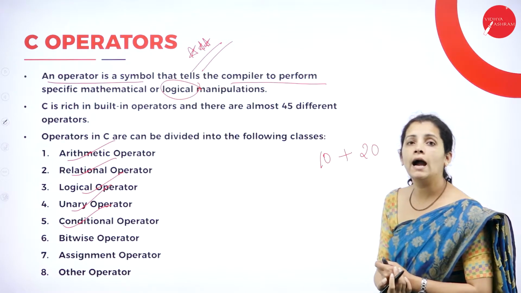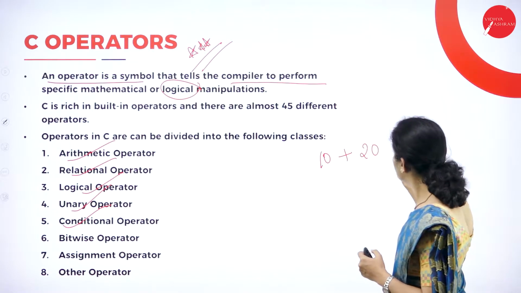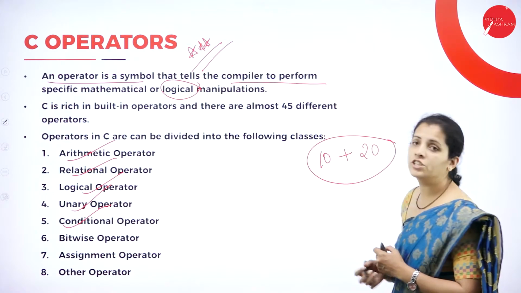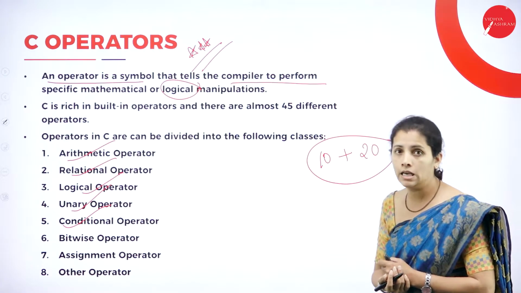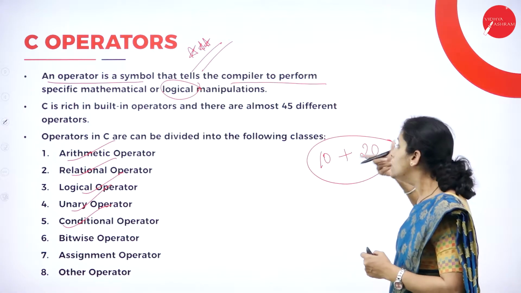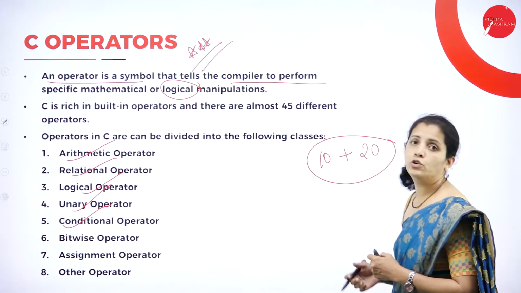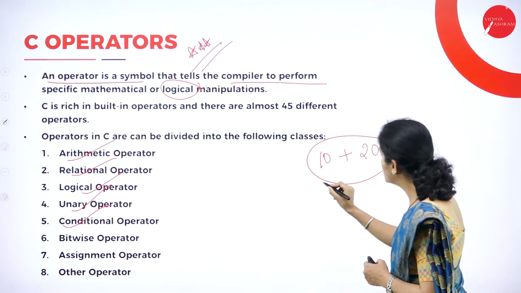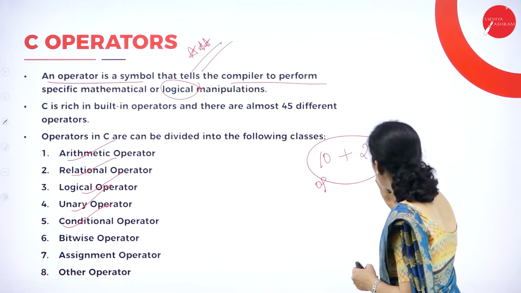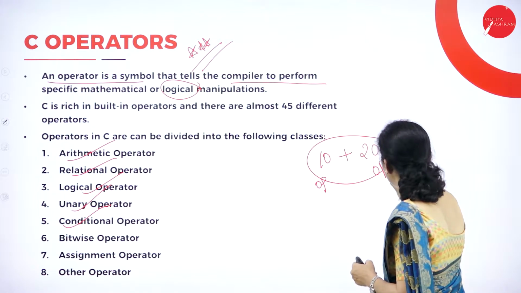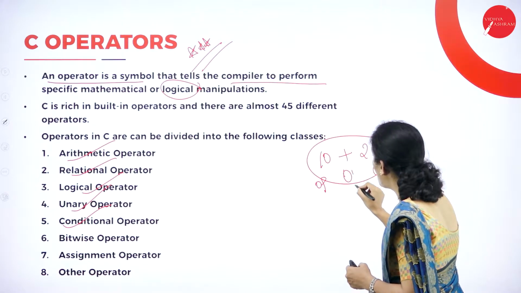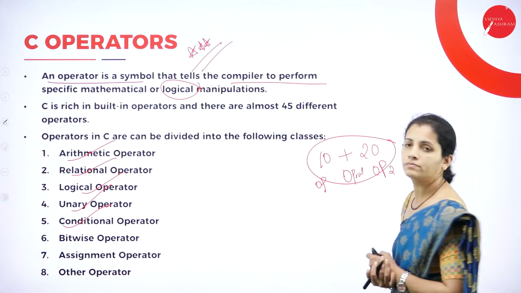Between 10 and 20. This kind of representation is called binary. So, I'm having two operands. Between them, I'm going to place the operator. This is my first operand and this is my second operand.